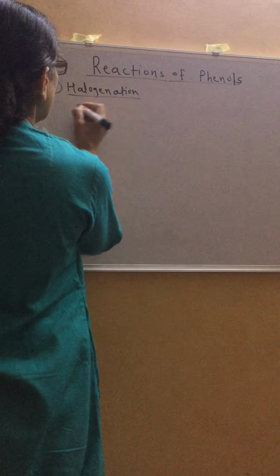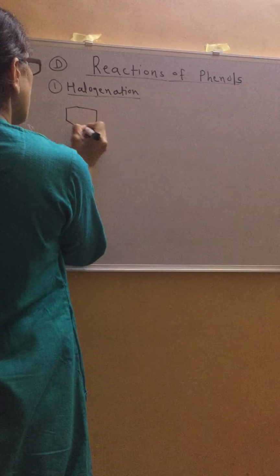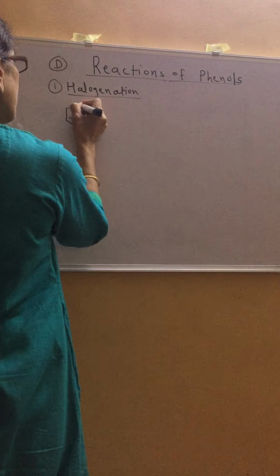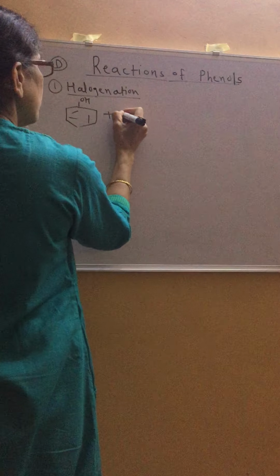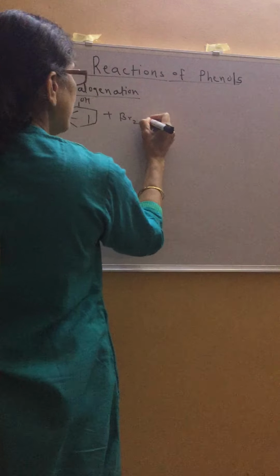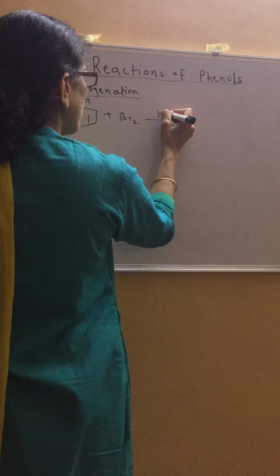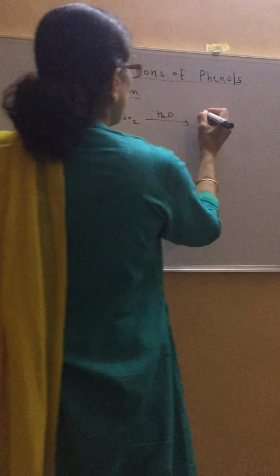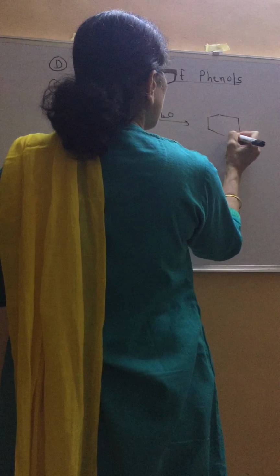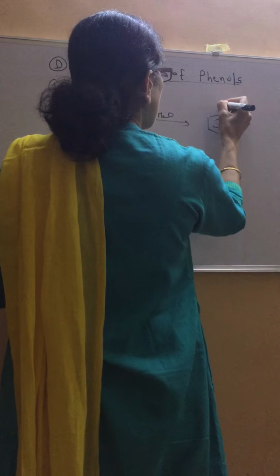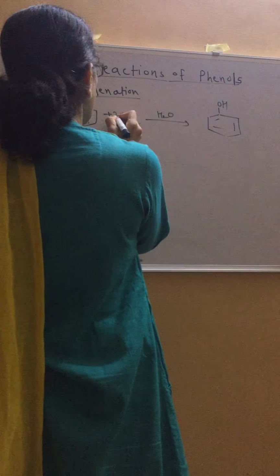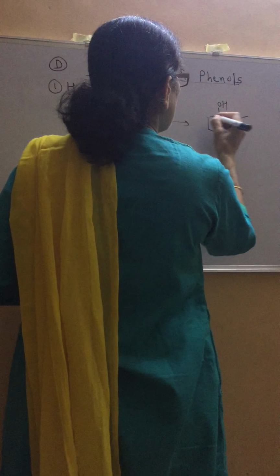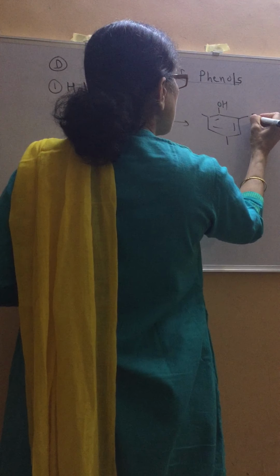Now, halogenation. When phenol is treated with bromine, actually bromine water, bromine gas dissolved in water, we will get C6H2Br3OH, with bromine at ortho and para positions.